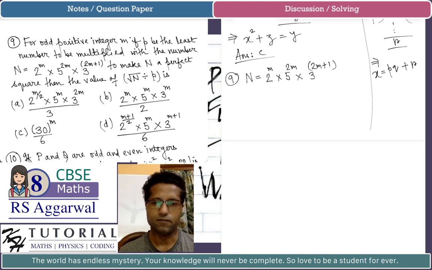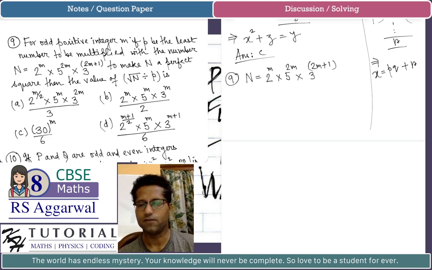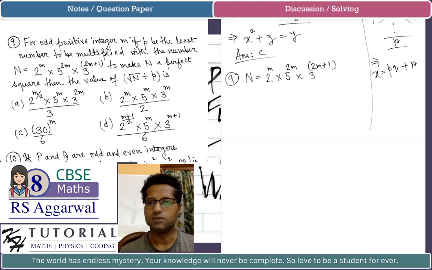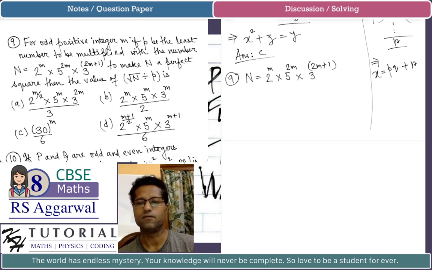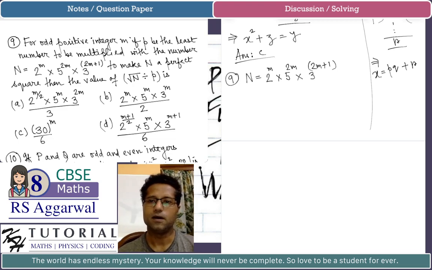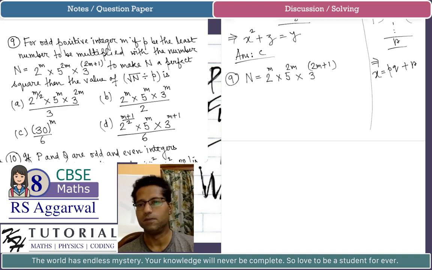Whatever factors in the prime factorization are left alone, not part of any pair, the product of those factors is actually the least number by which the given number can be multiplied or divided to make it a perfect square.